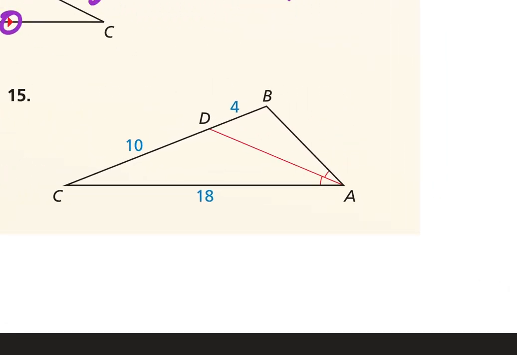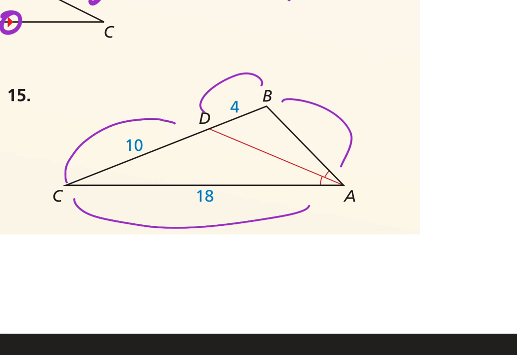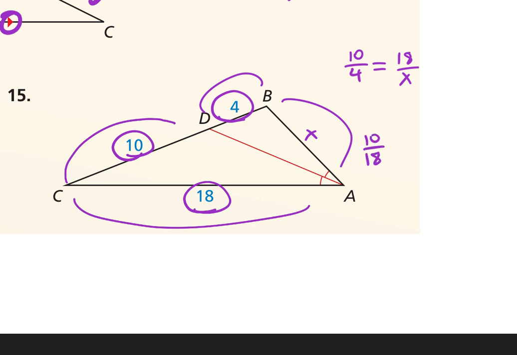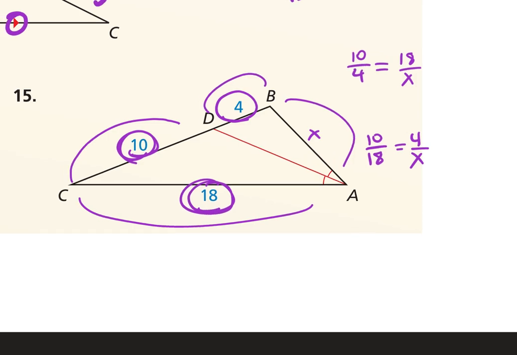15 is your angle bisector theorem. So that angle bisector divides your opposite side into segments that are proportional with the sides of the triangle. So I can say 10 over 4 equals 18 over x. Or I can say 10 over 18, so left over left, would equal 4 over x.